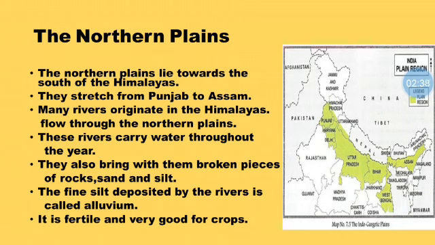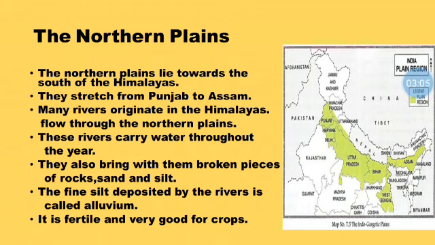So these rocks get cracks. When it gets cracks, it eventually breaks into small fragments, and these fragments are carried by the running water and deposited as sediments, and that is called silt. Hence the silt is made up of fine sand, clay, and of course broken pieces of rocks.